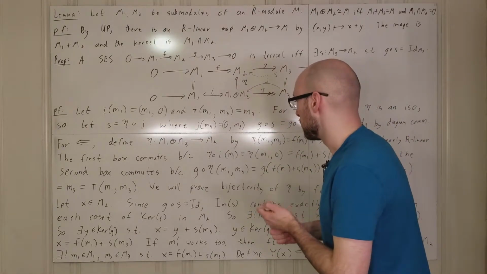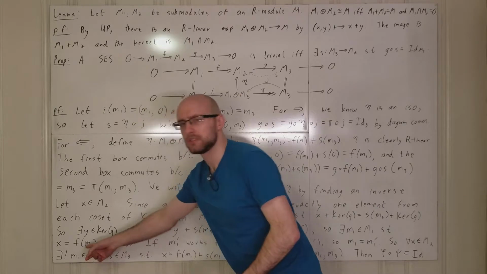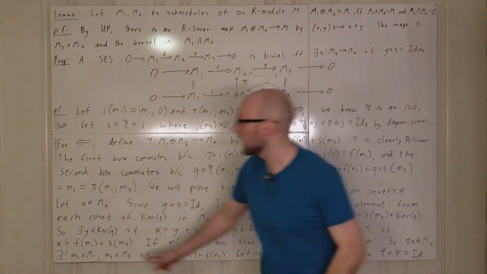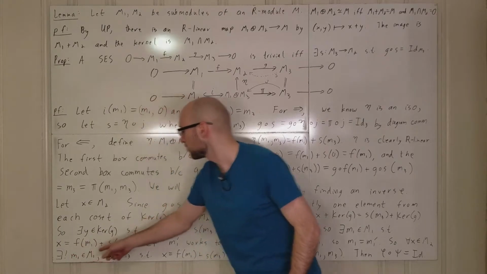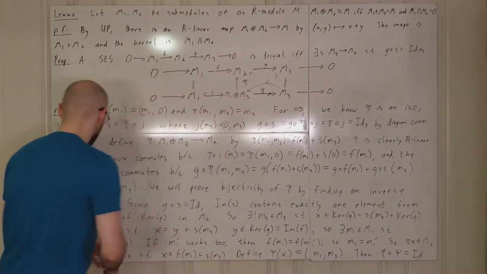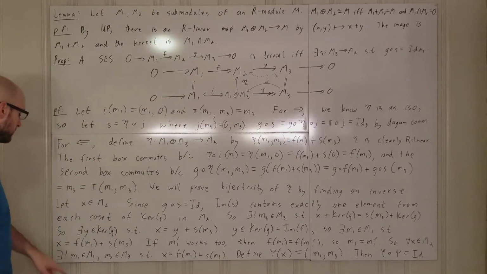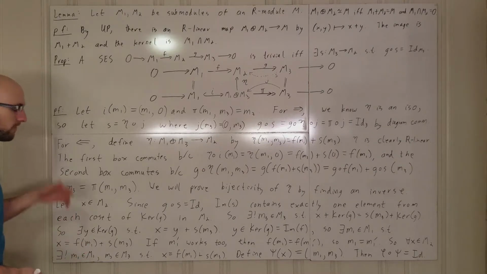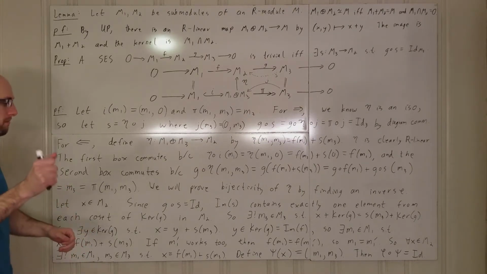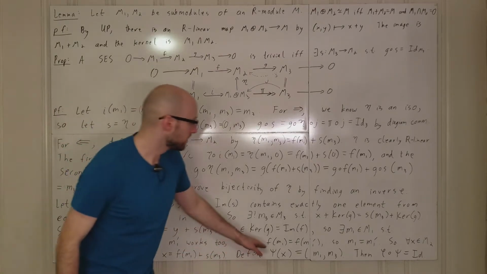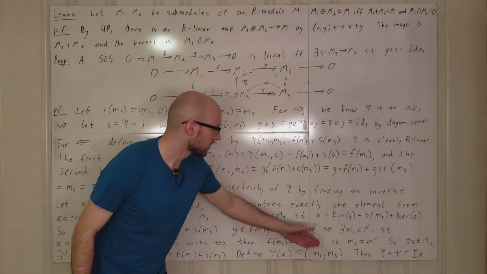But we want to prove uniqueness of this choice of m1. So if m1 prime would work as well, i.e. if x equals f of m1 prime plus s of m3, then what would happen? You could take those two equations, cancel the x's, cancel the s of m3's, and you get that f of m1 minus f of m1 prime is 0, or you get f of m1 is equal to f of m1 prime.